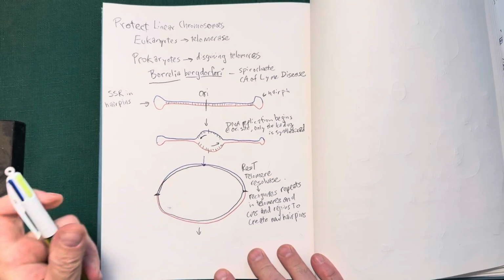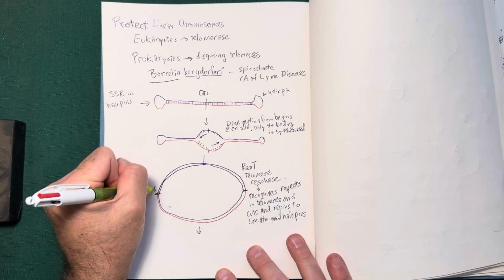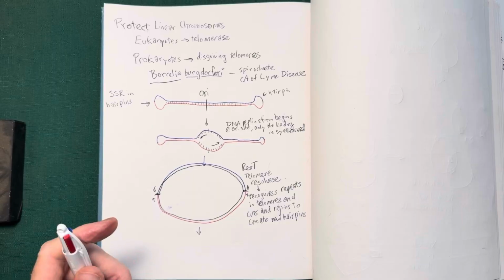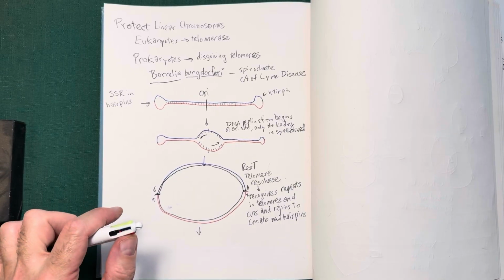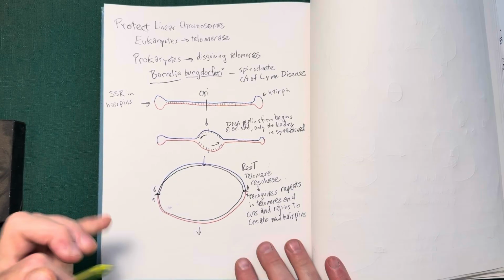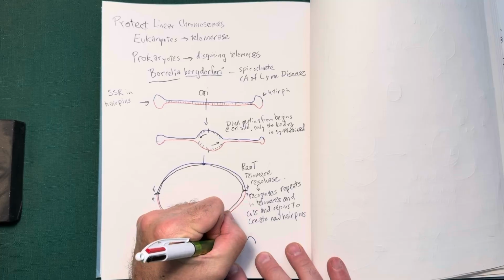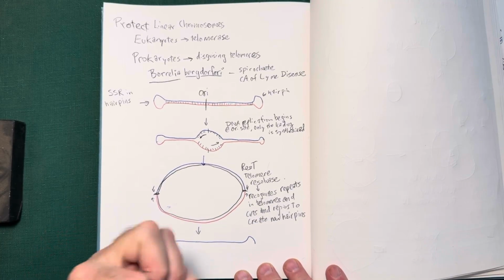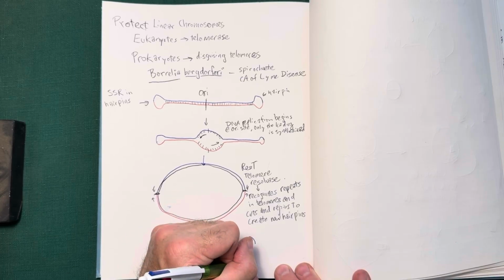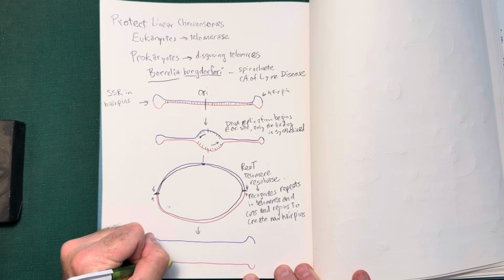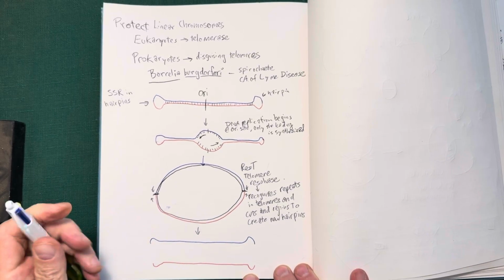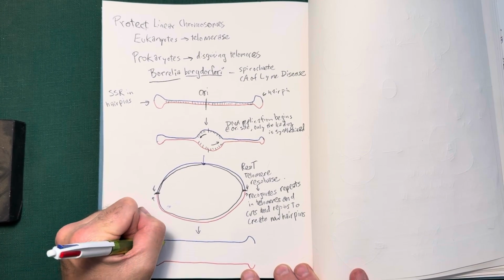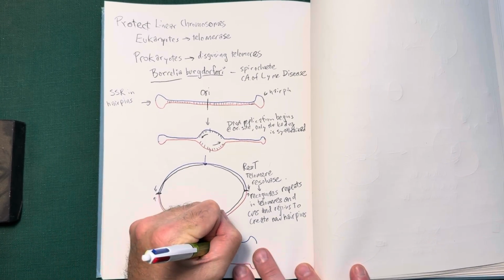So what we end up with, based on the action of REST, is two copies of our molecule, each of which is going to have a newly synthesized daughter strand, which is being represented here in the black ink.